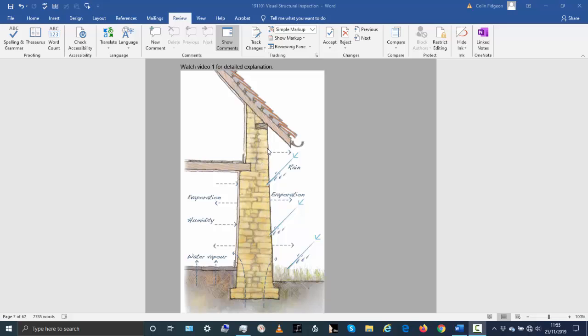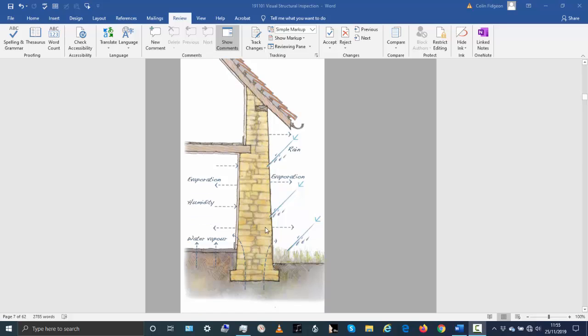So as a bit of background, I'm going to explain the way they work. Historically, old stone walls were constructed using lime mortar and stone, which breathe, which allow moisture to penetrate in when it rains, and then it evaporates off when it dries. A lot of the time it was just a stone wall without any finish.